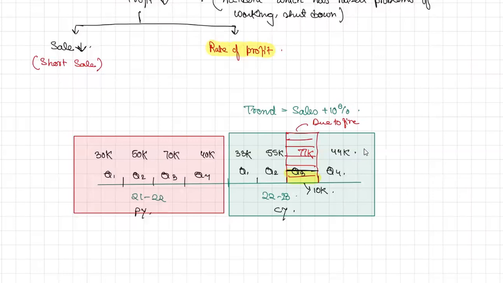Correct? So what will be my short sales now? 77,000 should have been in the whole quarter, but due to the fire it was reduced and we could only do 10,000. So can I say that 67,000 is my short sales over here? That my sales has gone down by 67,000 for that quarter.